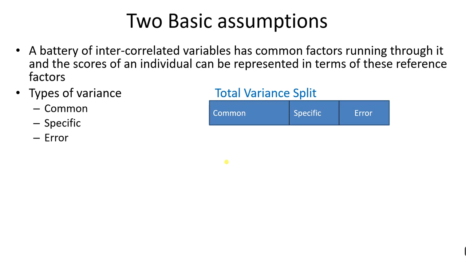And a specific variance is that variance which is defined by a given variable in the set. And there are definitely some errors also.